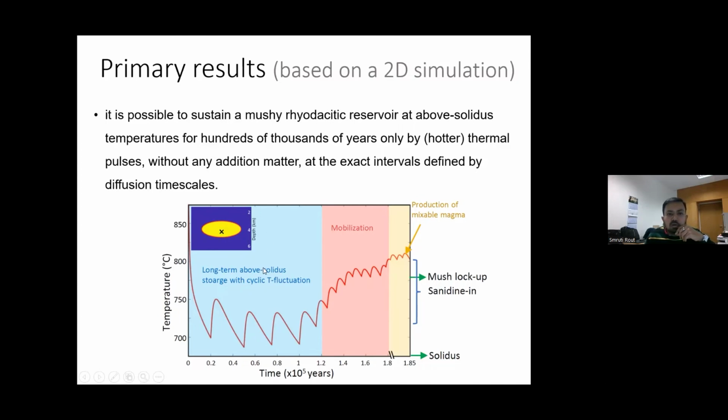So you can see that, just like the petrological implications, we have temperature fluctuations, and we have storage above the solidus temperatures, and the temperature also fluctuates around the vanadium-in. It's the temperature where the vanadium begins to crystallize.